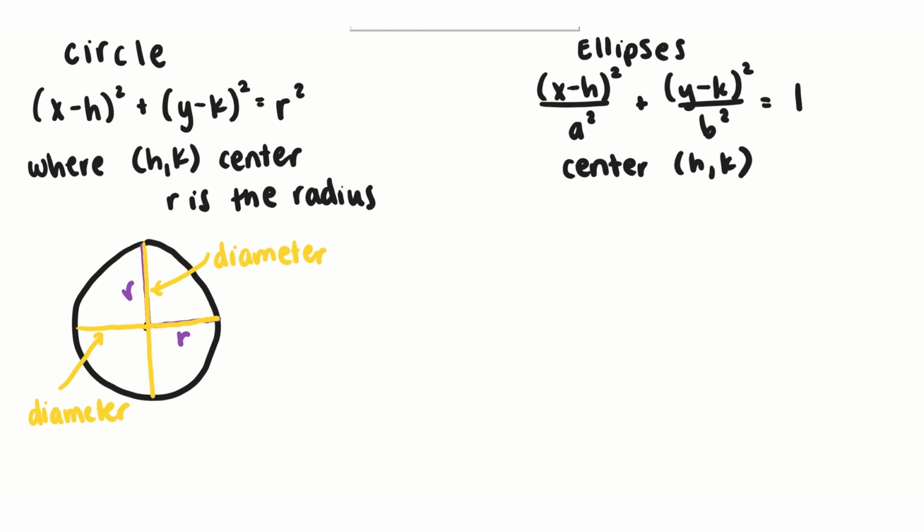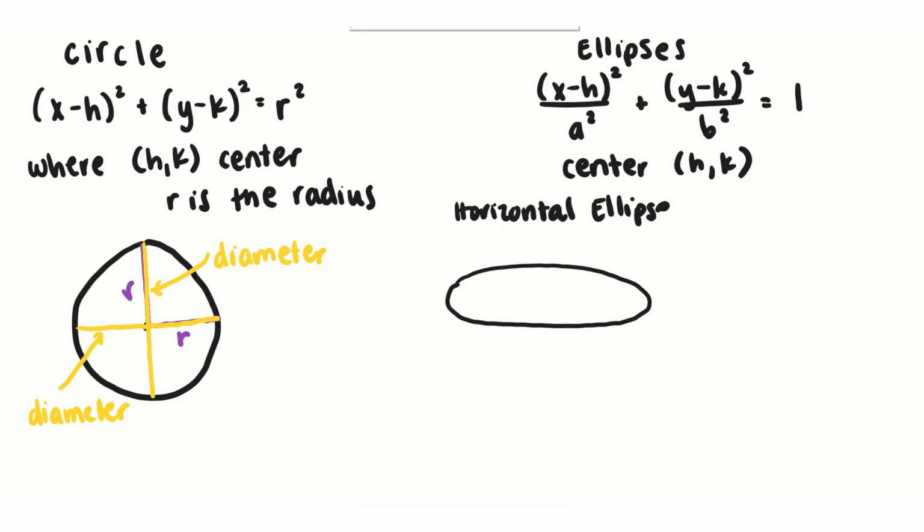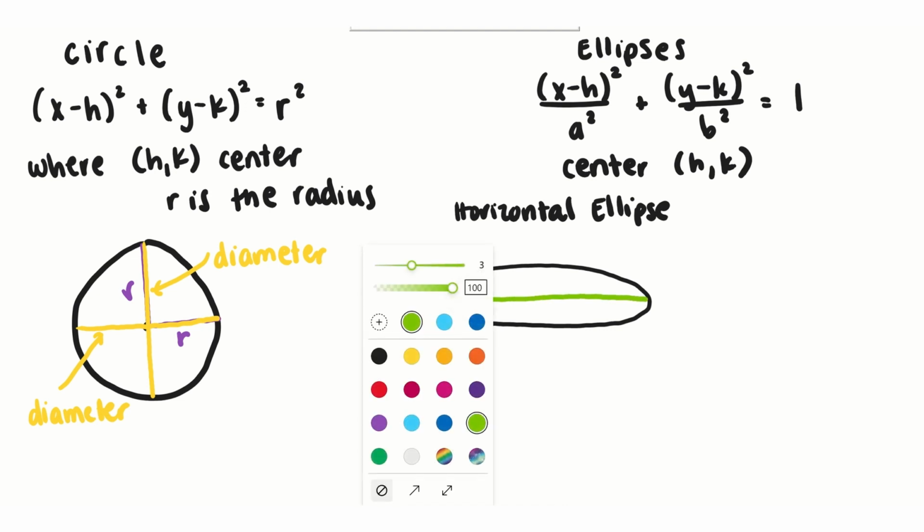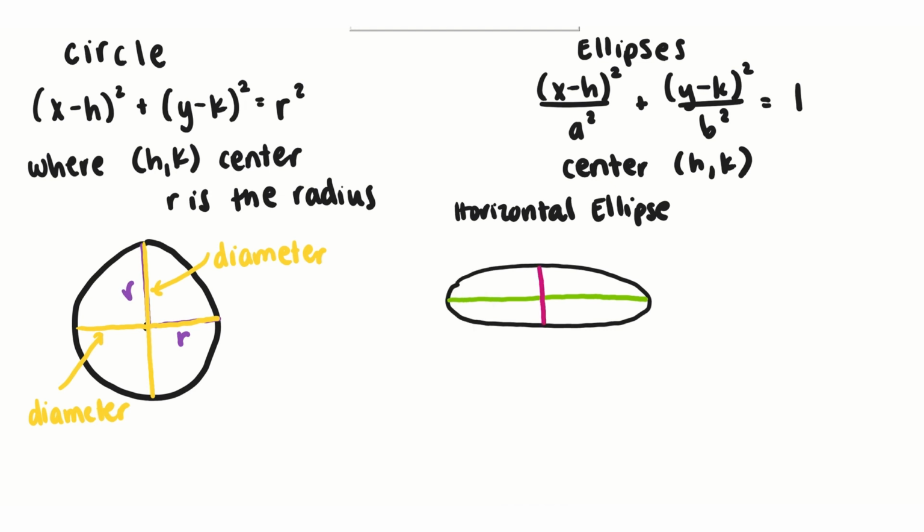So an ellipse is essentially just a circle that has been stretched horizontally or vertically. If it is stretched horizontally, that will give us a horizontal ellipse. So instead of having a diameter, it's going to have a major axis and a minor axis. The major axis will be the longer axis, and then the minor axis will be the shorter axis.